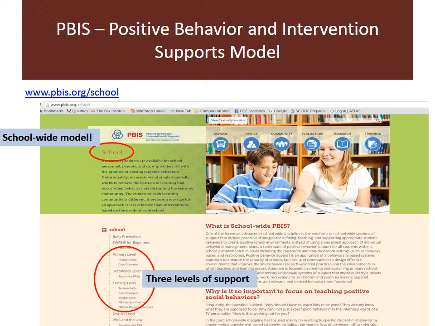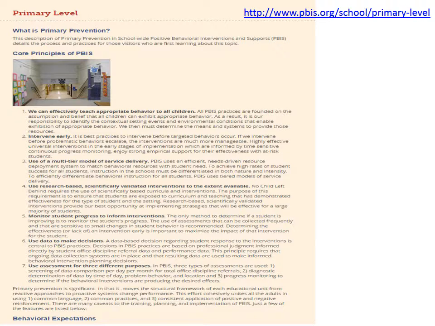There are three levels to this model. If you'll look over to the left-hand side of the page, under School, you'll see Primary Level. If you'll click on that. At the primary intervention level, the teacher and the school look to teach all students appropriate behavior. And these are commonly held behaviors across the school. What we typically do here is you're teaching your rules, routines, and procedures to students from day one.